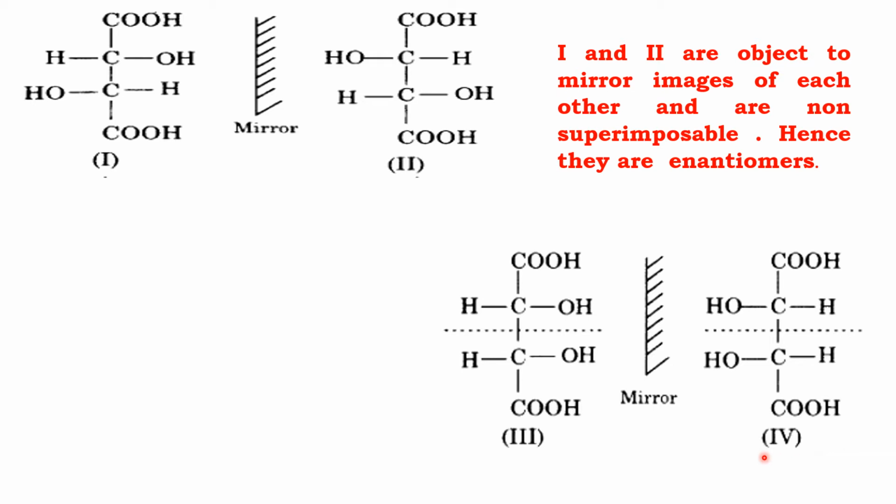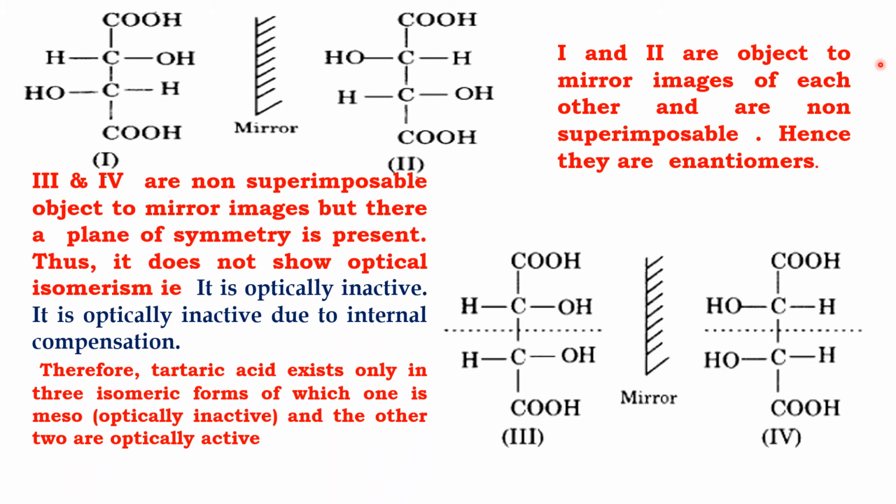But these two isomers are optically inactive because they have a plane of symmetry. If the molecule has a plane of symmetry, then it does not show optical isomerism.